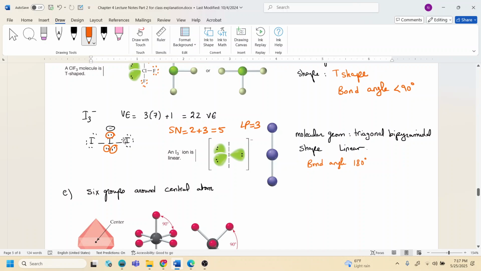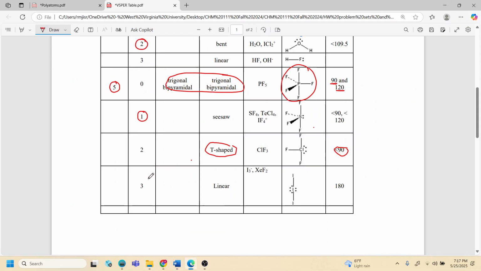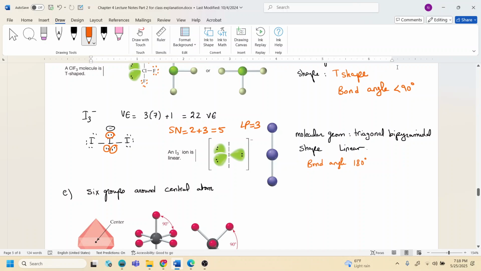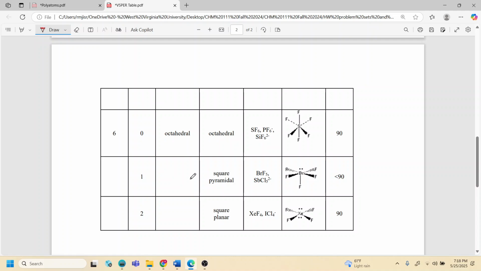So 3 plus 2, this is 5. This is steric number. So 5, 3, if you look at the table, this is going to be linear. So the bond angle has to be linear, meaning 180 degrees. Geometry is trigonal bipyramidal. The shape is going to differ, and the shape is going to be linear.